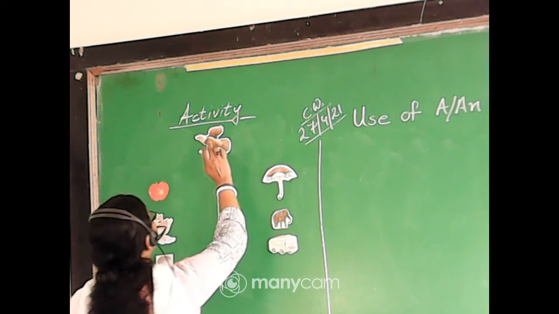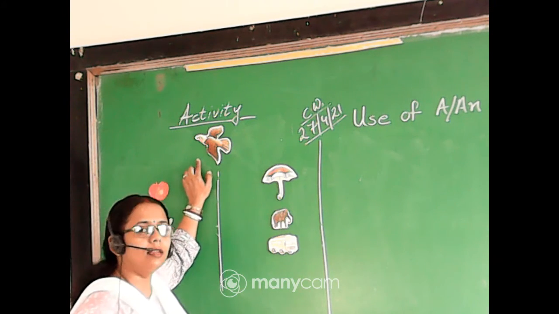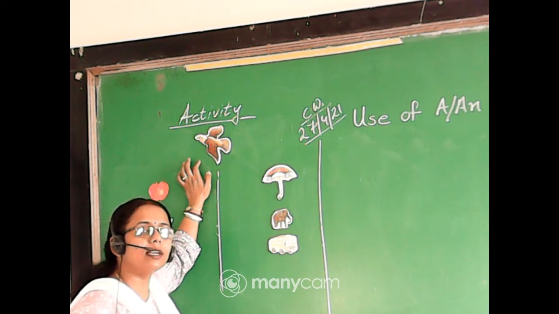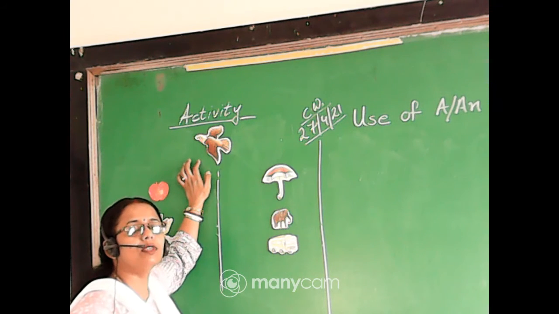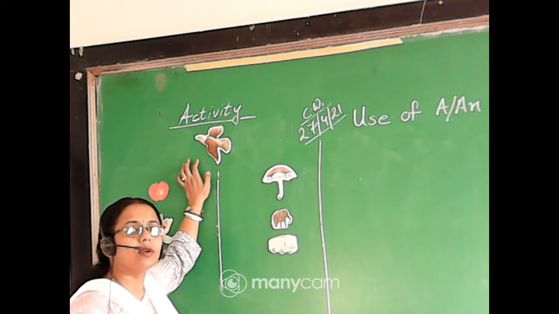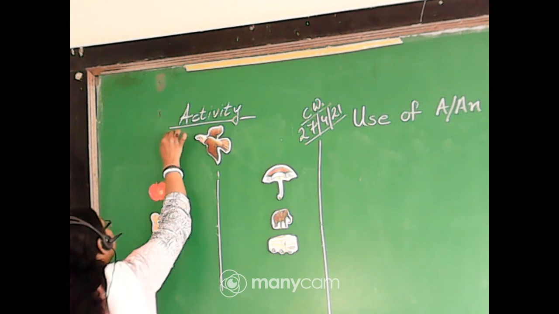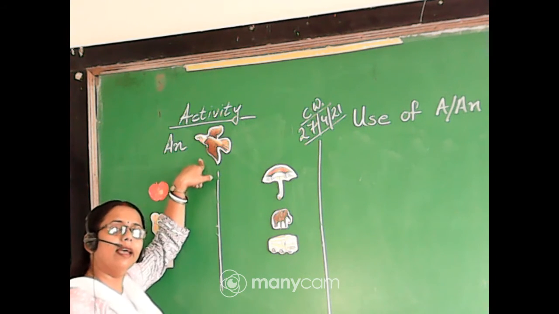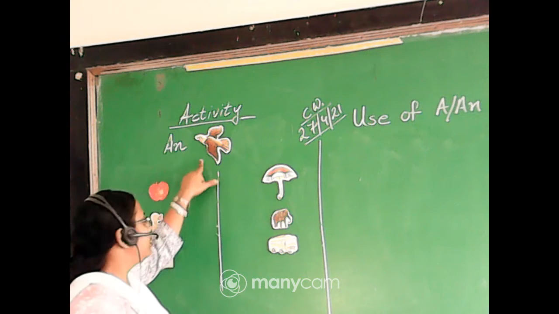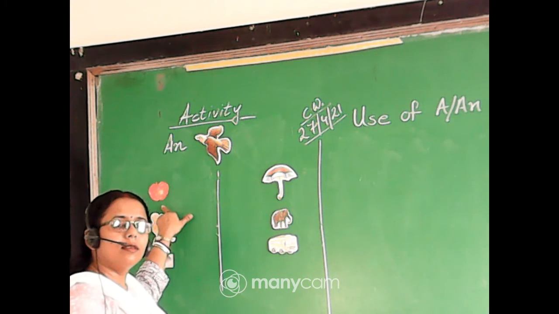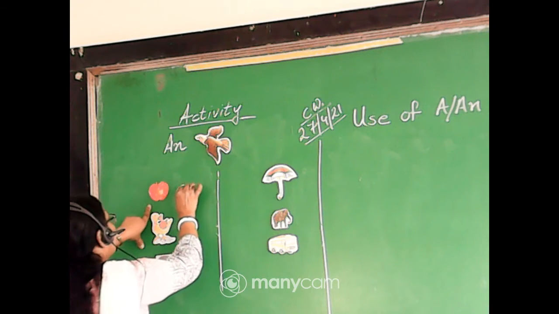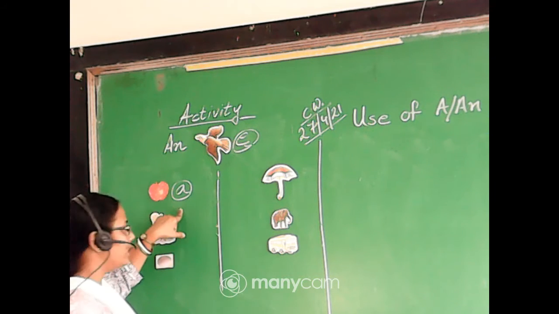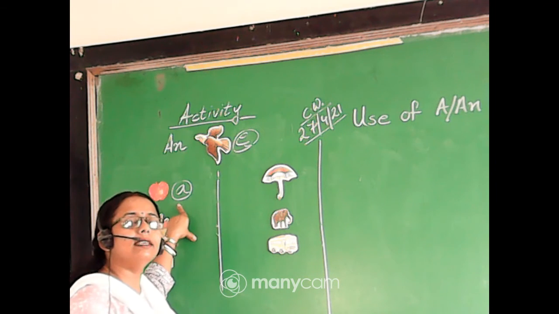So here this is eagle. E for eagle. The first letter of eagle is E, which is a vowel. So here we will write an eagle. An eagle. Next comes apple. Apple starts with the letter A, and A is a vowel.